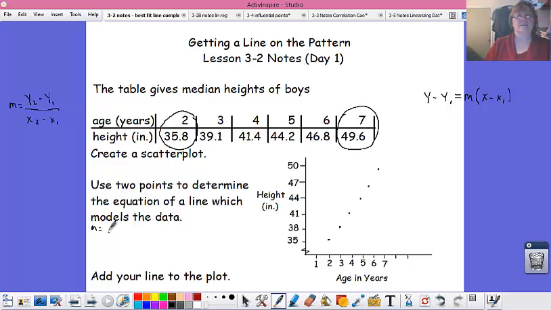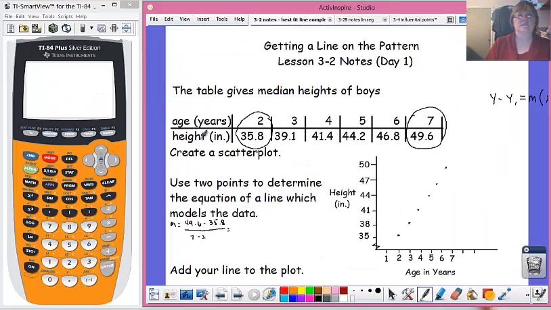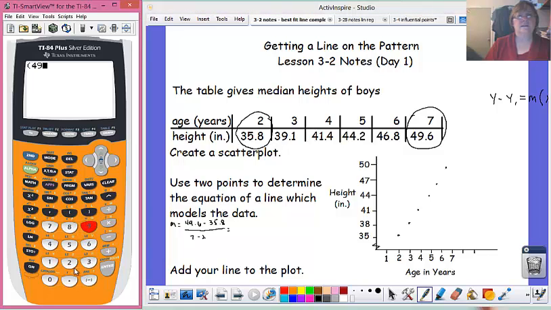So let's go ahead and find the slope of our line. We need to subtract the 2 y's, so 49.6 minus 35.8, and that's over the difference in years associated with those points, so 7 minus 2. I want to get my calculator up here because we're going to do a little arithmetic. 49.6 minus 35.8, all divided by 5.